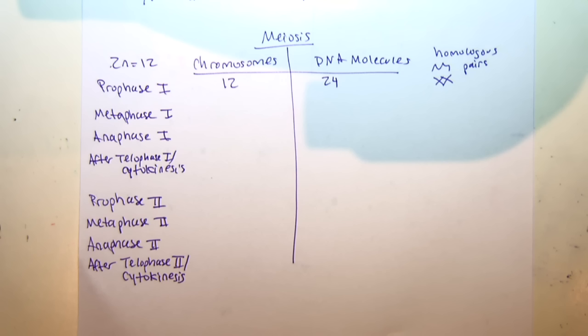No, not in G1, because G1 is before S, so we're not replicated yet. So in G1, we're going to have 12 chromosomes and 12 chromatids. Once we get to S phase, we're going to have 12 chromosomes and 24 chromatids or DNA molecules. Does that make sense? Is that what that would be in mitosis as well? Yes, they both have the same kind of interphase beforehand.